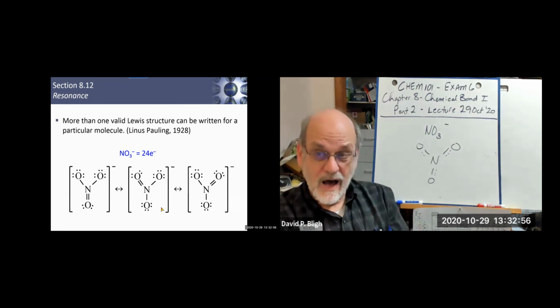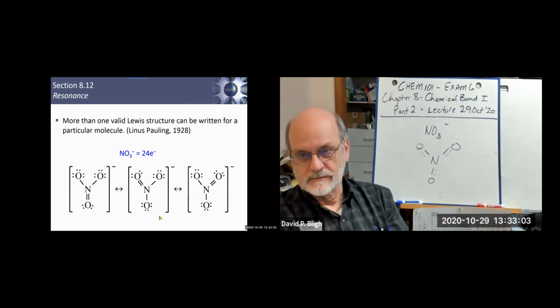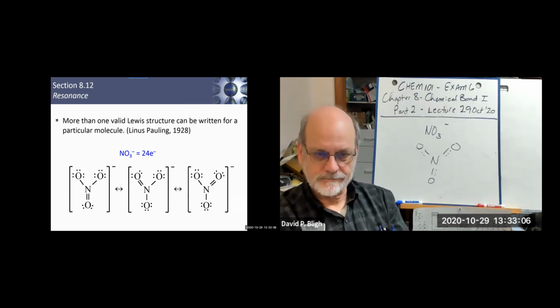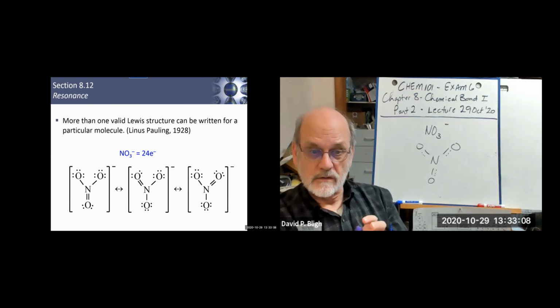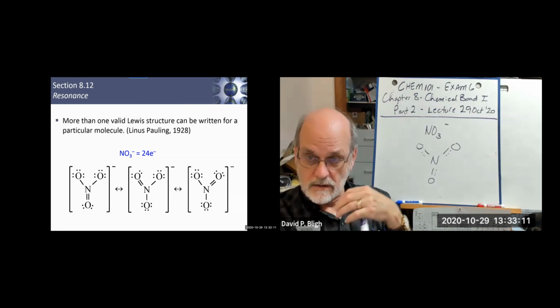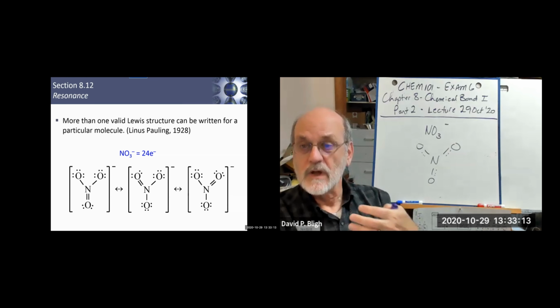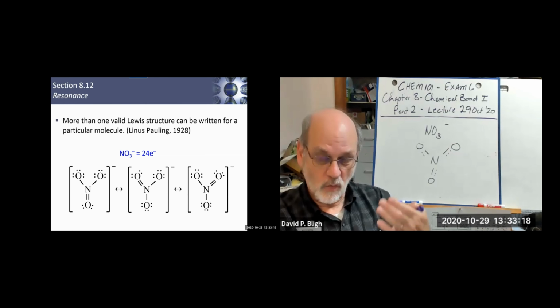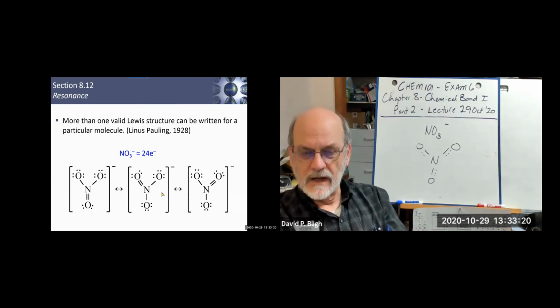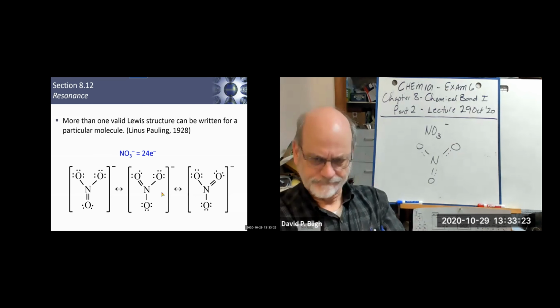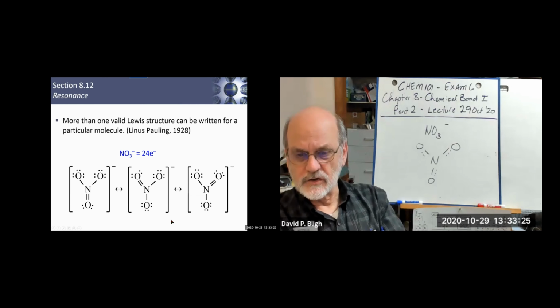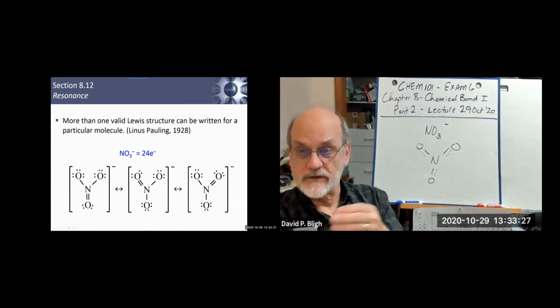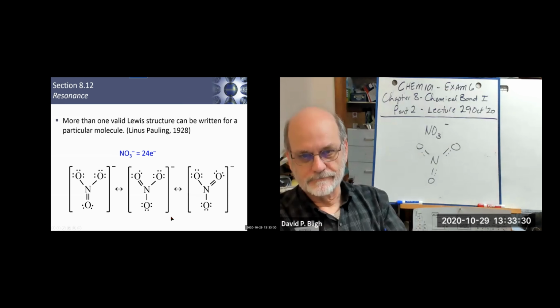So now we've got the original model, and we've got to tweak it. Resonance is one of those tweaks for the model. We can still use these individual structures when we expose them to some other chemical and induce a reaction. Then this still helps us understand how the reaction proceeds. But just standing alone, we have to draw them this way to account for the equivalence of these Lewis dot structures.